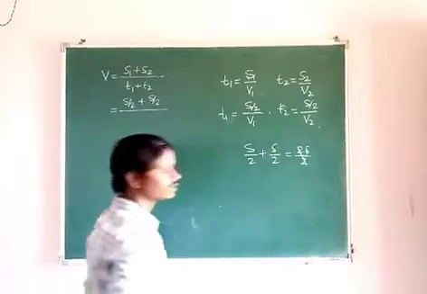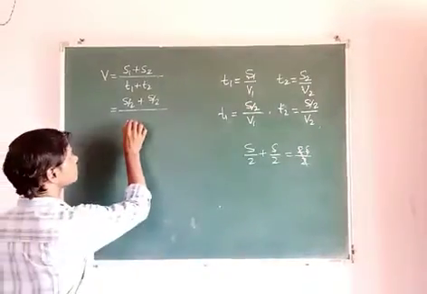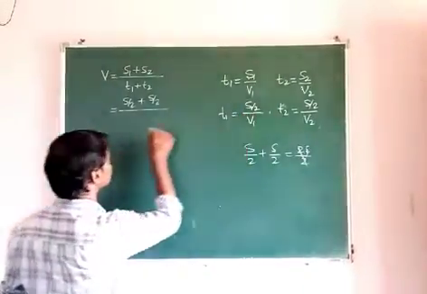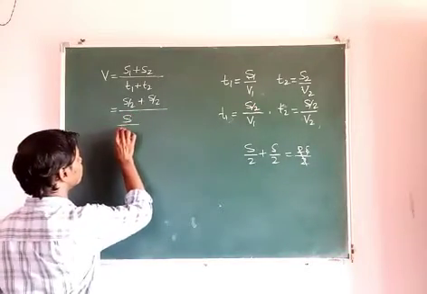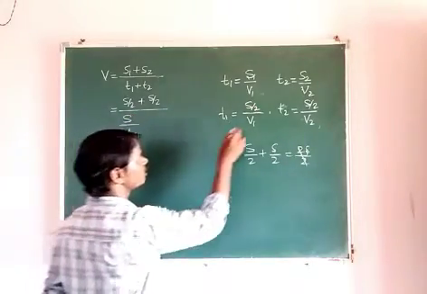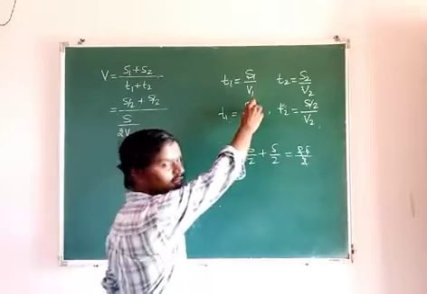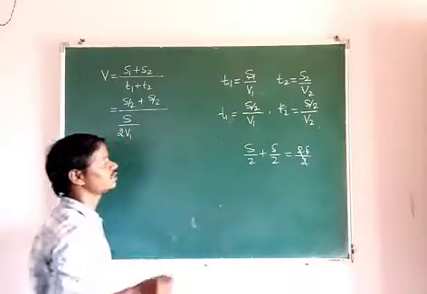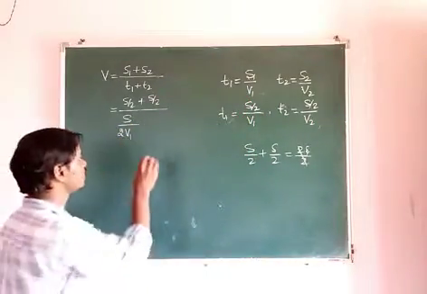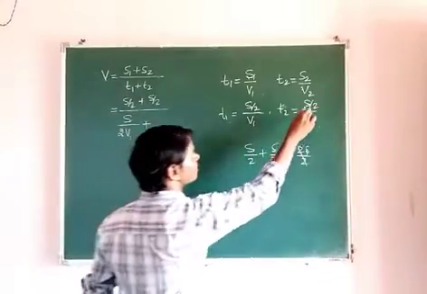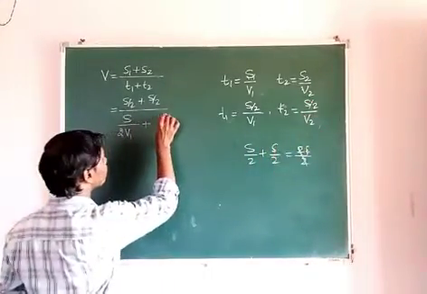Then the 2 gets cancelled, that is S. Then what about T1? T1 is nothing but S by 2V1. Why? Because this 2 in the denominator comes to the denominator, that is S by 2V1, plus S by 2V2.